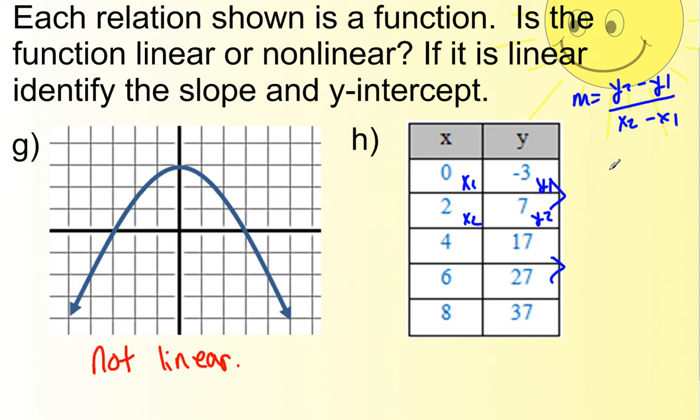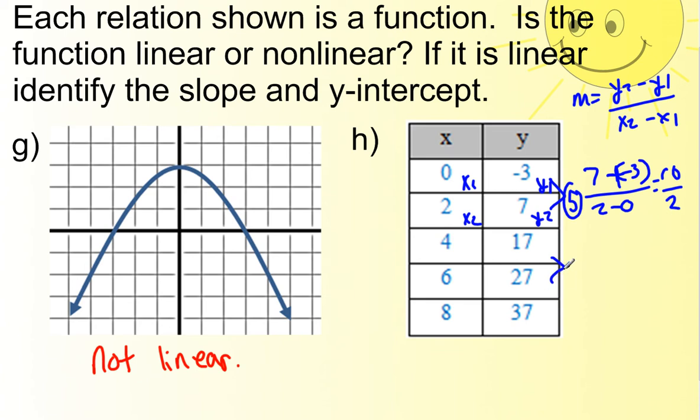So if I plug it into the formula, we got 7 minus negative 3 over 2 minus 0. Keep, flip, change gives me 10 over 2, which is a slope of 5. 10 divided by 2 is 5.